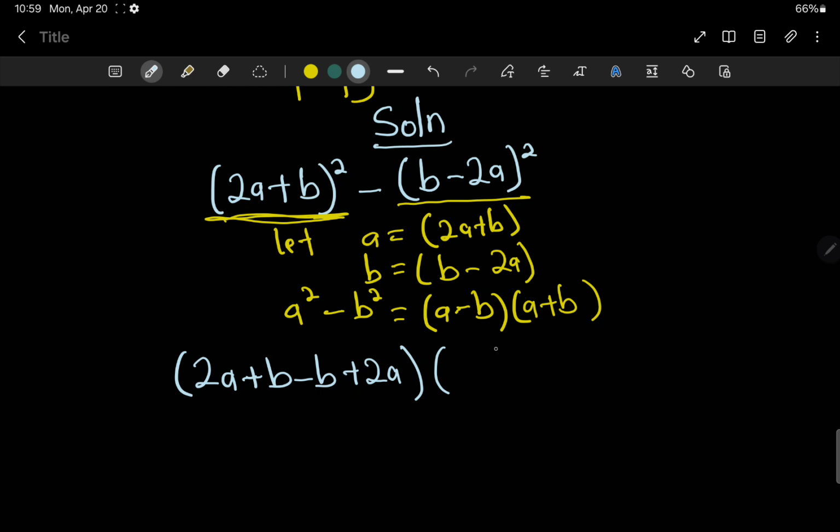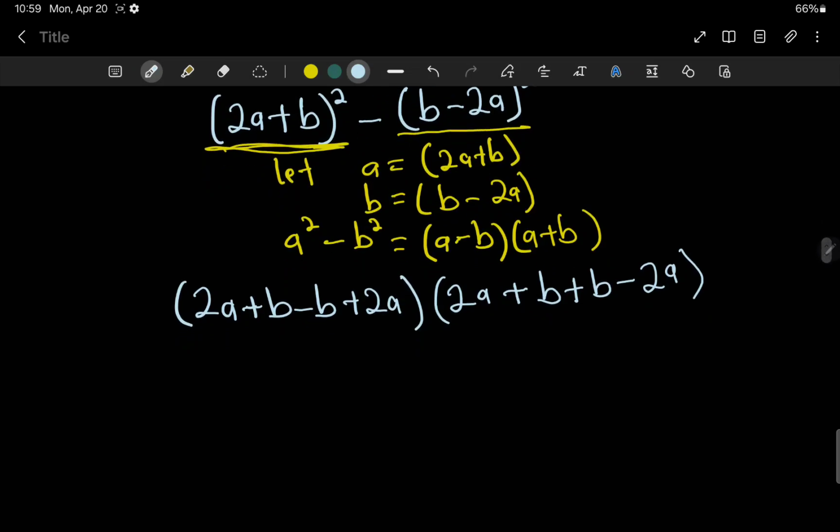We open bracket again, we have 2a plus b plus b minus 2a, right? Given that, we will now see that this b will take care of this b, and here also this 2a will take care of this 2a. Because the 2a here is negative and this 2a is positive, they cancel each other. This b here is positive, this b here is negative, so they cancel each other.